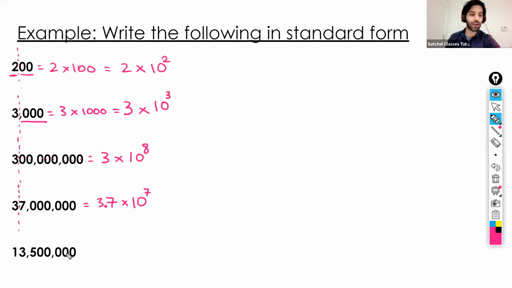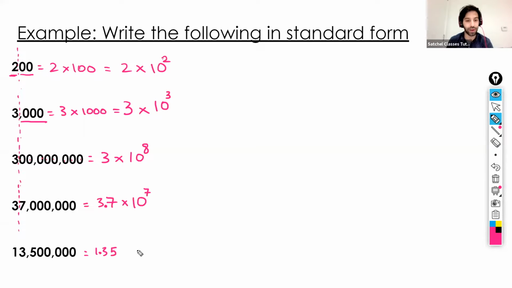Likewise here, I need to write all my non-zero numbers, so 1, 3, and 5. But once again, 135 is not between 1 and 10. 13.5 is still not between 1 and 10, so this will have to be 1.35.